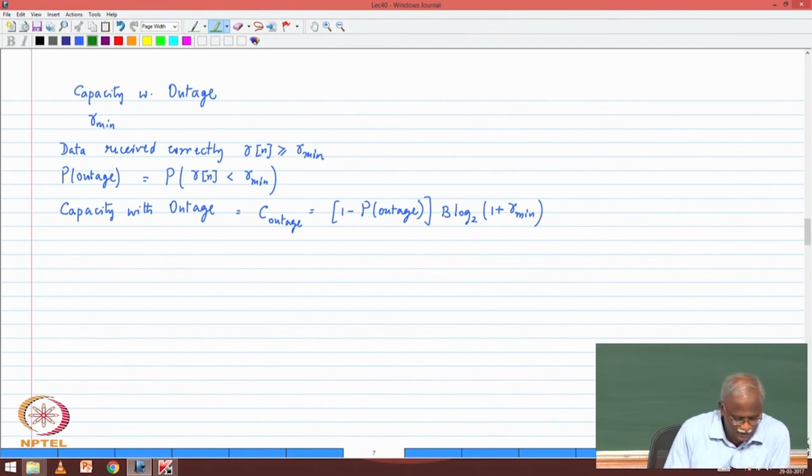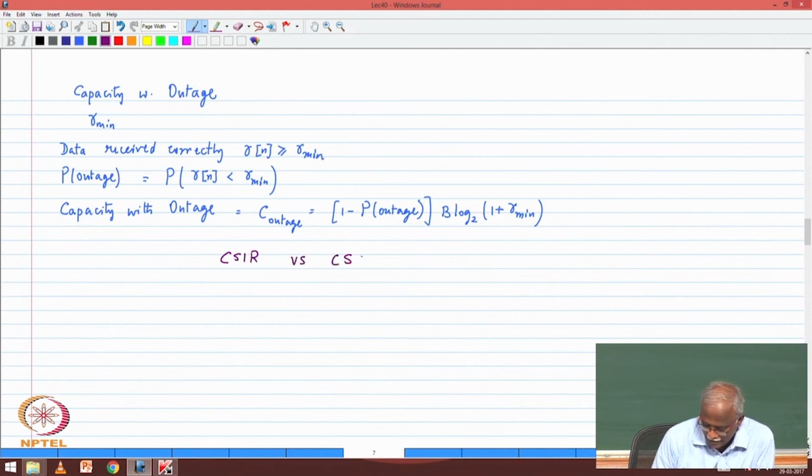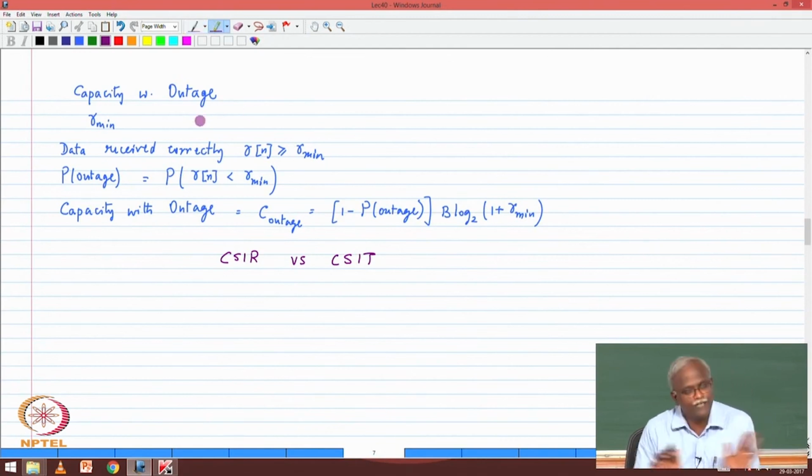So maybe a point that we can make is about CSIR versus CSIT. What are the penalties if I do not have CSIT? What if I am in this scenario where I'm transmitting, designed for some gamma min?